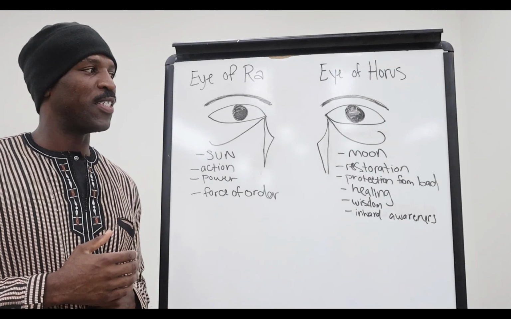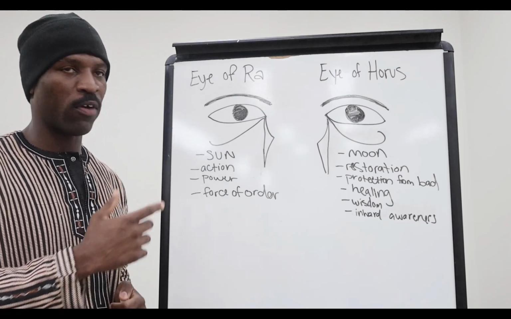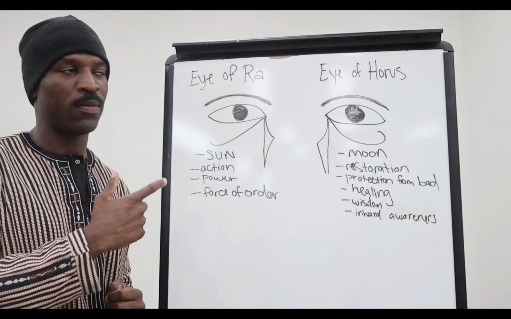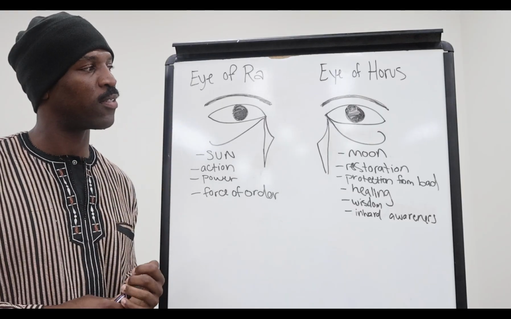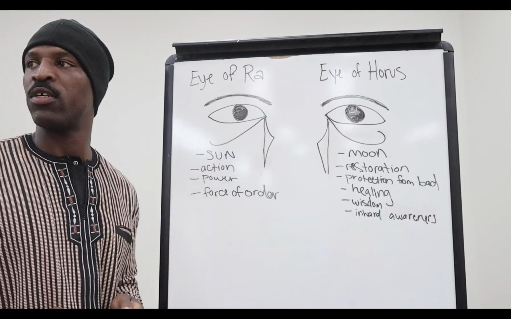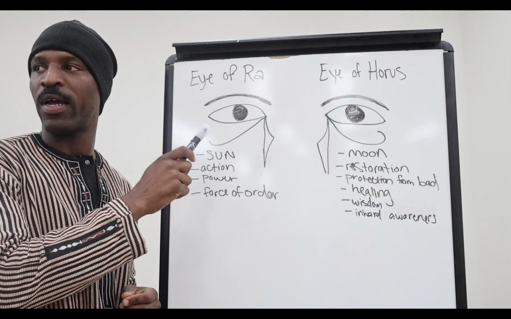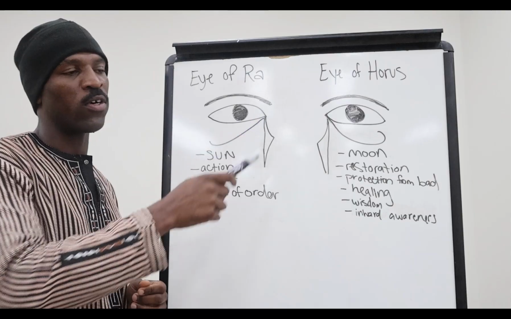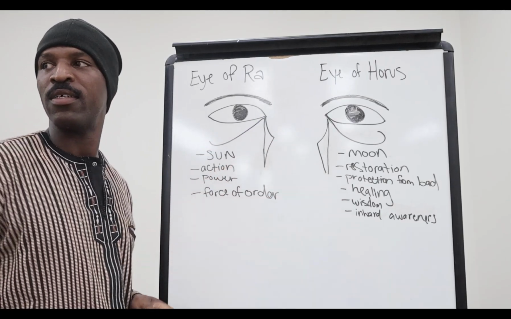These are some of the most common hieroglyphics that people are familiar with, which are the Eye of Ra and the Eye of Horus. The Eye of Ra is generally associated with the right eye, and the Eye of Horus is generally associated with the left eye.